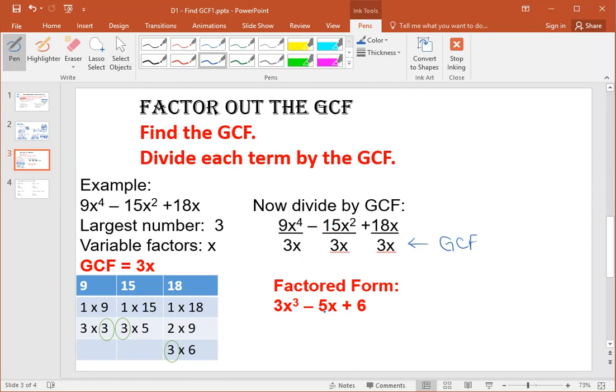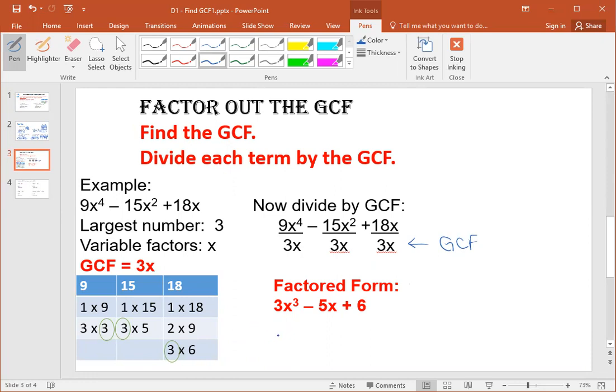15 divided by 3 is 5. X squared, take 1 away, I have just one of those left. 18 divided by 3 is 6. X, take it away, and there's nothing left here. So what we are left with is the factored form when we divide out the GCF, okay, with the GCF removed.